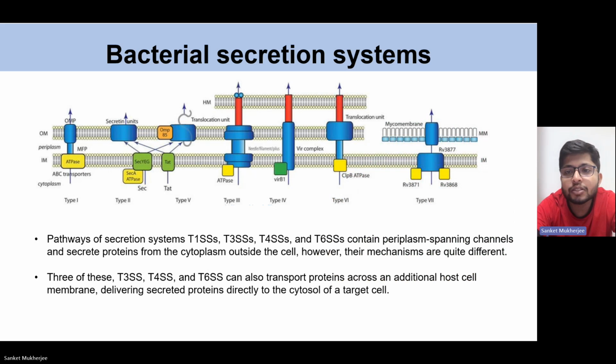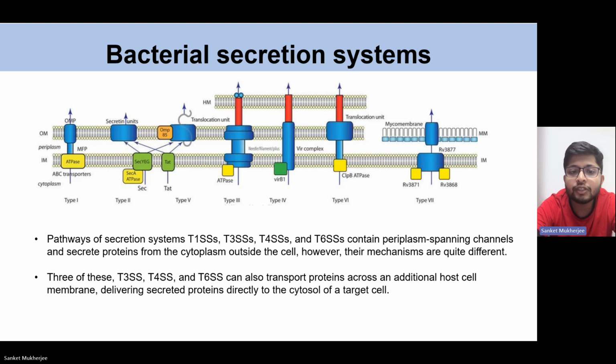And if we talk about bacterial secretion systems, there are six, in this case seven actually has been shown, but six essential bacterial secretion systems, which have either a secretory function or a translocation function. These two are important. The pathways of the T1 secretion system, T3, T4, and T6 contain periplasm-spanning channels and secrete protein from the cytoplasm outside the cell.